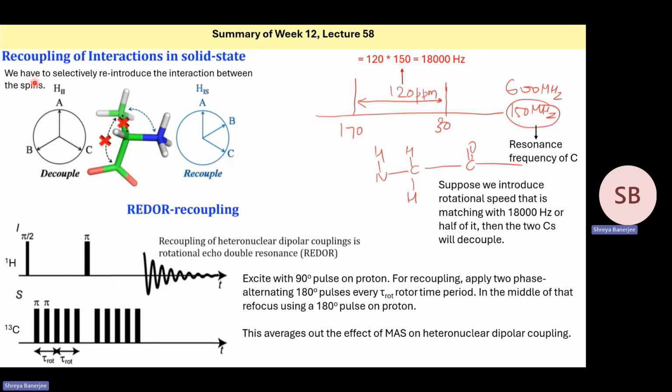They are kind of isotropic in nature because you have decoupled the anisotropic interactions. You have to reintroduce the interactions so that A, B, and C are oriented as it is in the natural environment, that is with their anisotropic interactions. So they have to be reintroduced, and this is called recoupling.